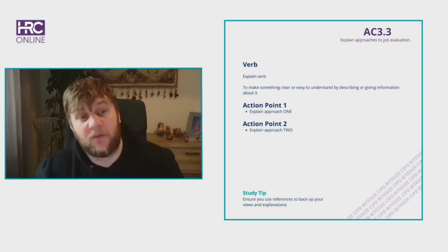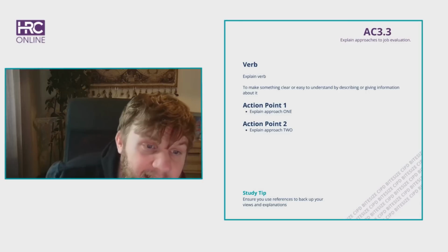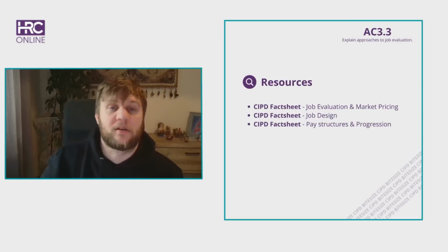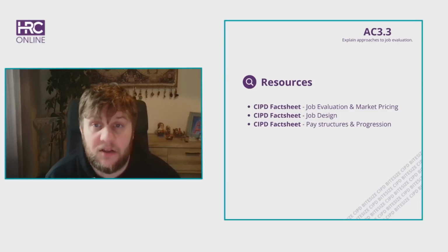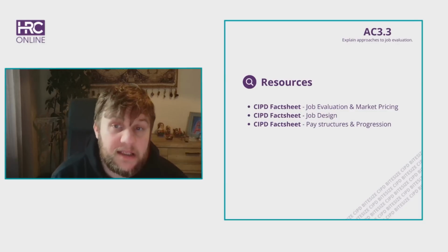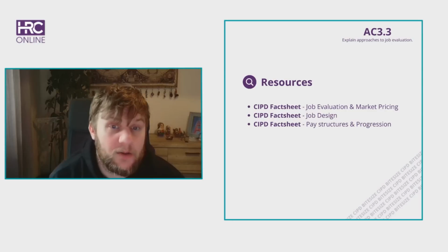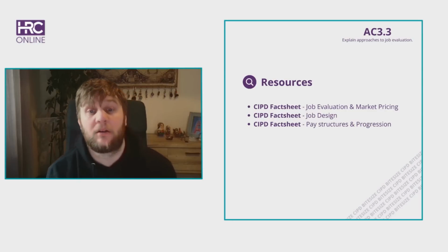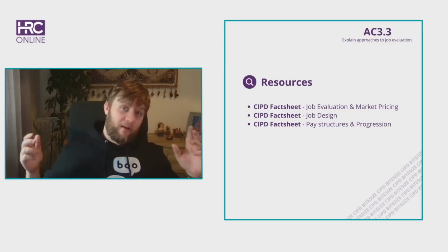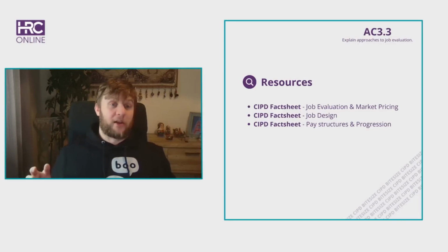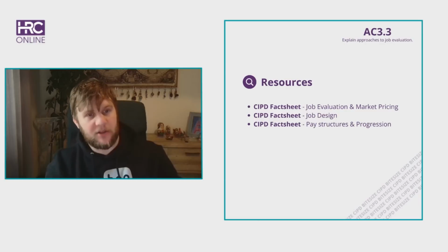Now, in terms of some resources, because I'm not going to dilly-dally on this one, we've got the CIPD fact sheet, which is job evaluation and market pricing. That is easily one of the best ways to understand job evaluation. You've got the CIPD fact sheet for job design, and you've got CIPD pay structures and progression. Remember, CIPD loves CIPDs. Therefore, if you're explaining approaches to job evaluation to get a CIPD qualification, use CIPD resources.